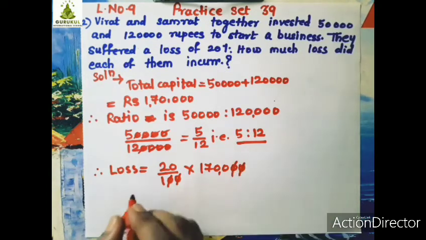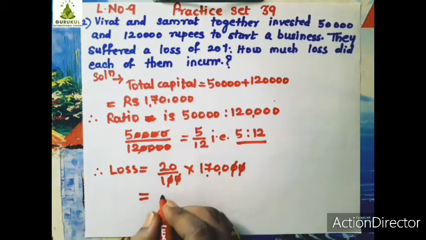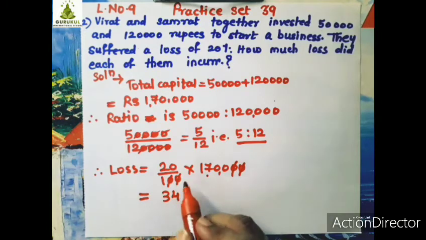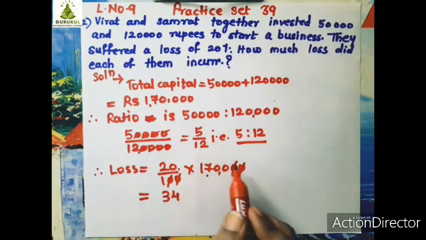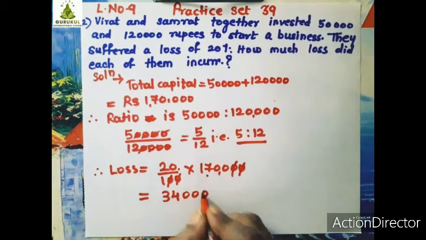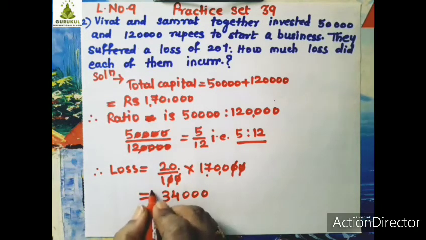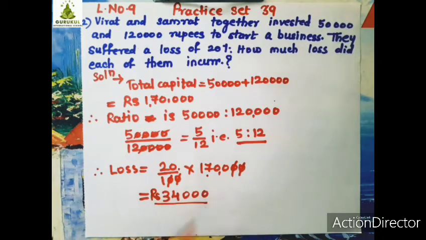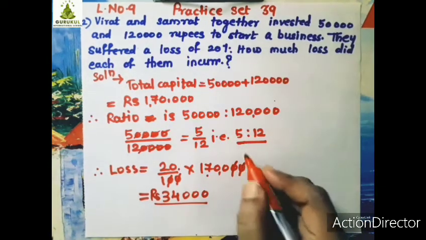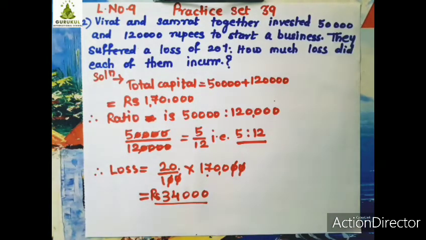What remains? 17 twos are 34, and 3 zeros remaining. So the loss is rupees 34,000. In that one we have to share this in which ratio? 5 is to 12. Correct.